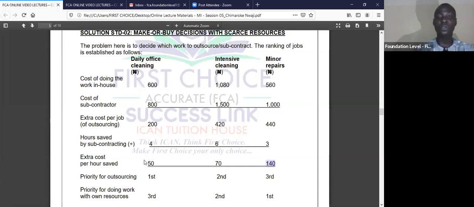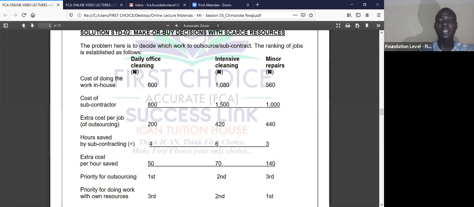So I would prefer to lose 50 than to lose 140. So you see, the priority for outsourcing, the one that has the lowest value is ranked first. The one that has the highest value is ranked last.